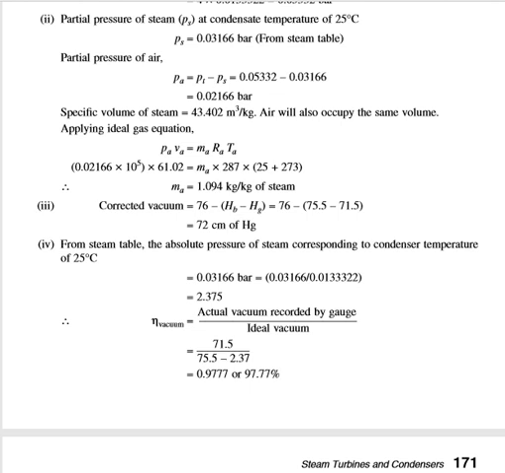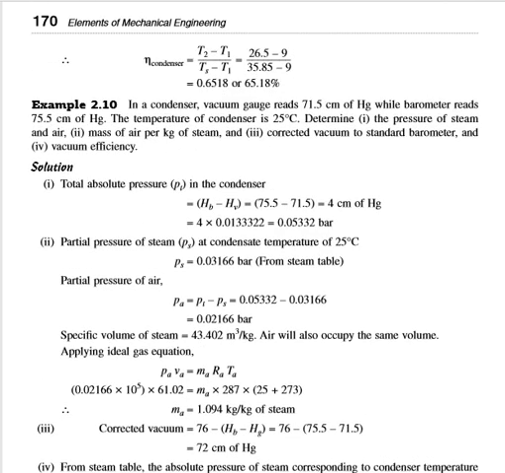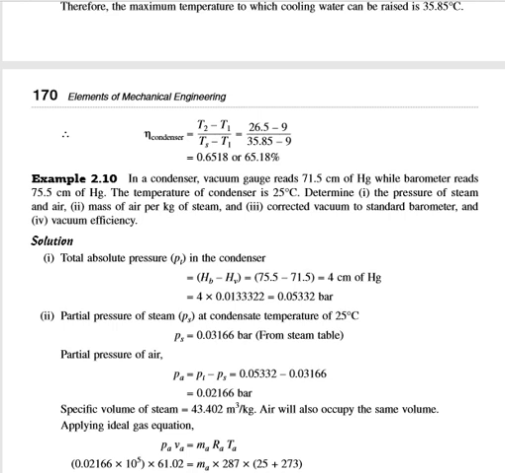Then put the values: vacuum efficiency equals 71.5 divided by (75.5 minus 2.37), which gives 0.9777, multiplied by 100 gives 97.77%. So we get the vacuum efficiency of 97.7. In this numerical we determined the pressure of air and the pressure of steam by applying Dalton's law of pressure, and then found the vacuum efficiency. This is the end of the second numerical.